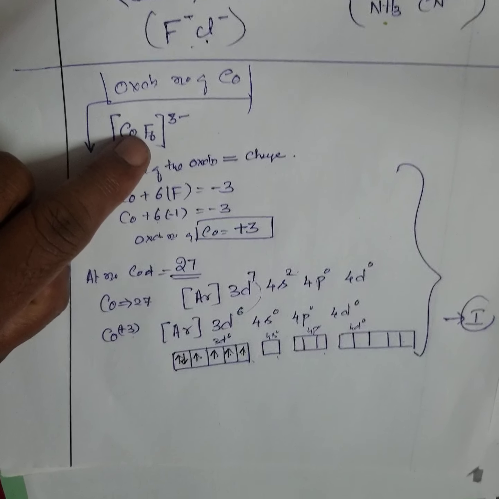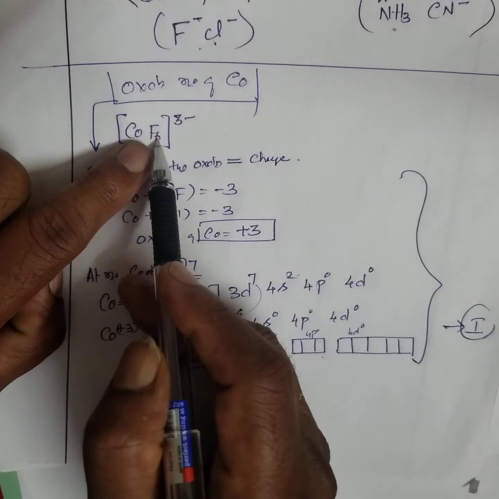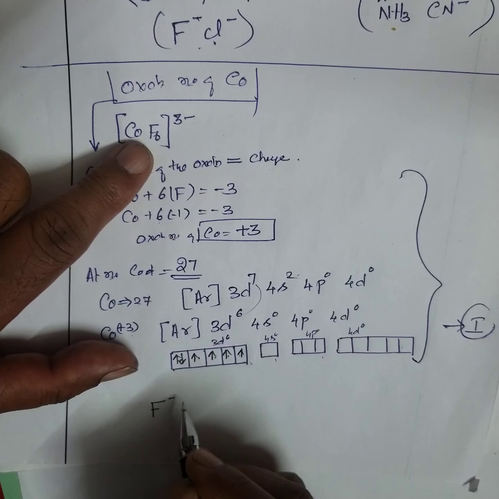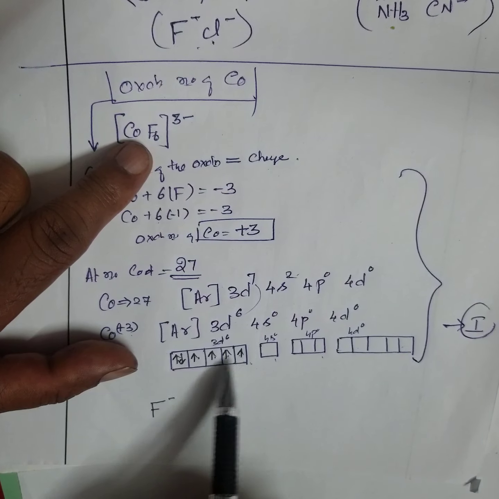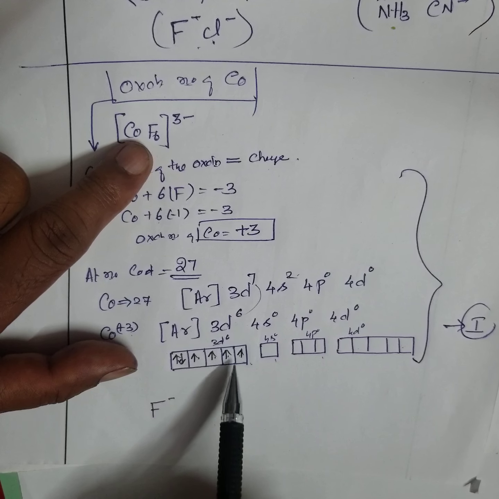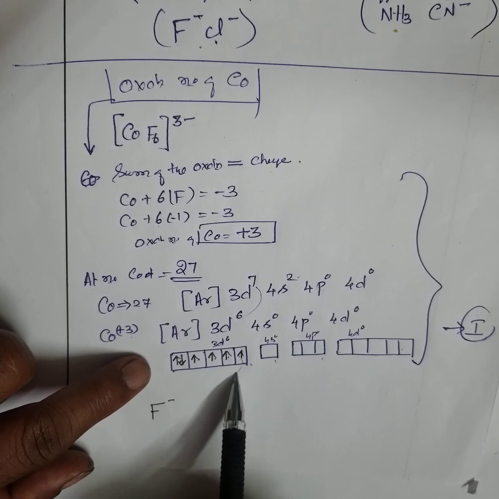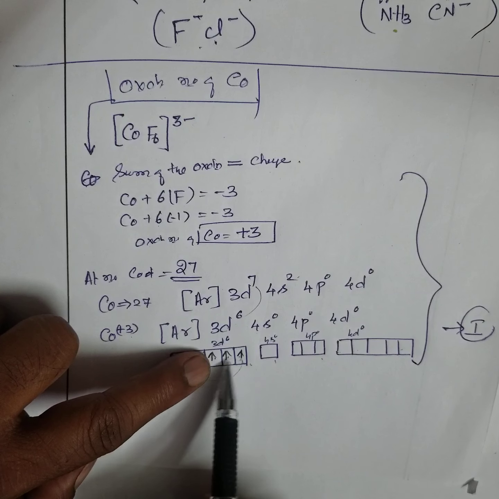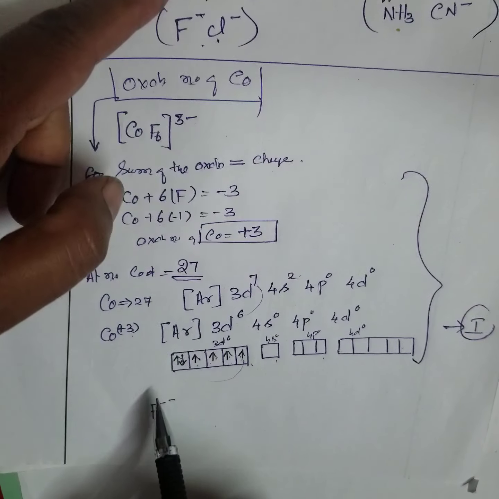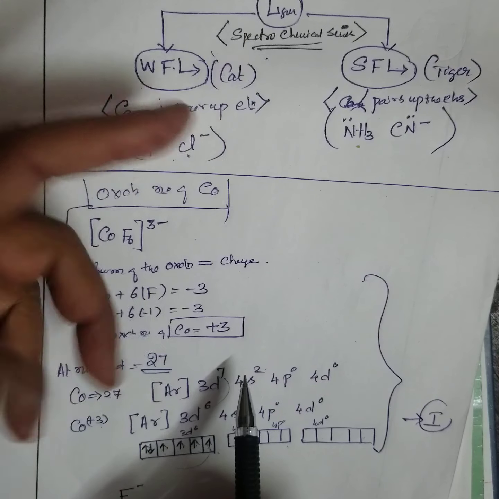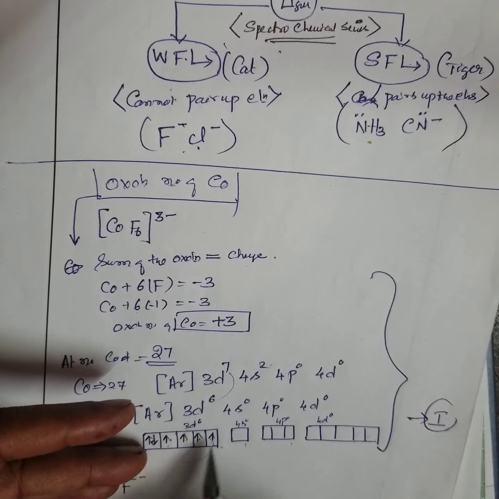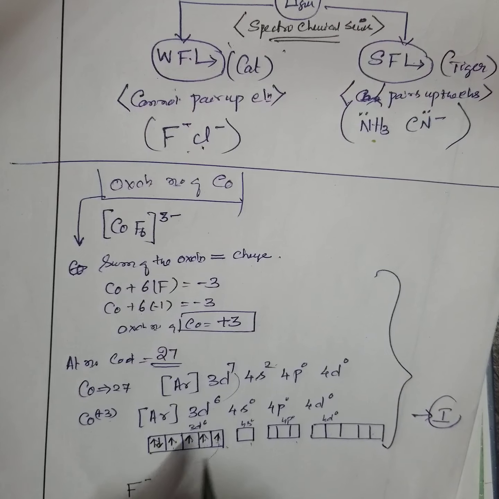Now, coming back, fluoride is a weak ligand, right? Since it is a weak ligand, it cannot push all these electrons to pair up. This electron can come here, even this electron can come here, and it could leave 2 rooms. But since it is weak, like a cat, it doesn't have the capacity to push.